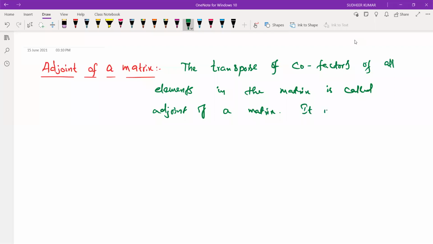And it is denoted by adjoint of A. So I'll represent adjoint of A as adj A.